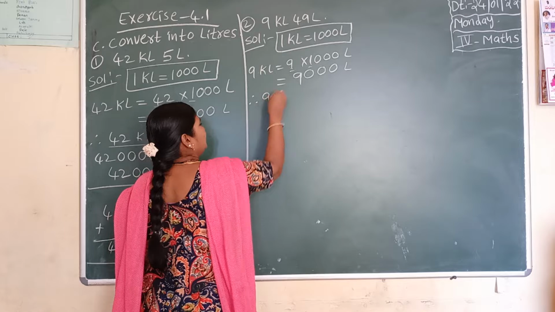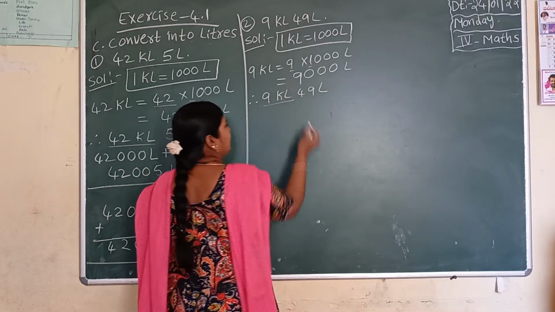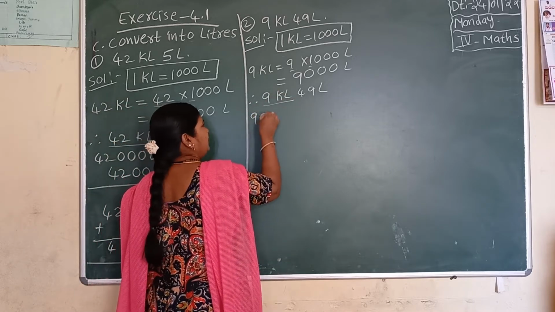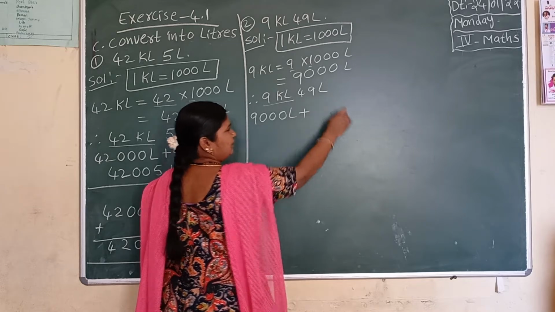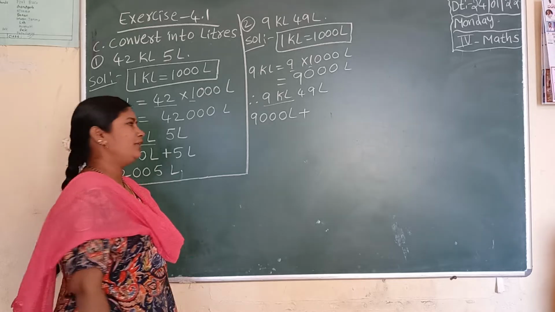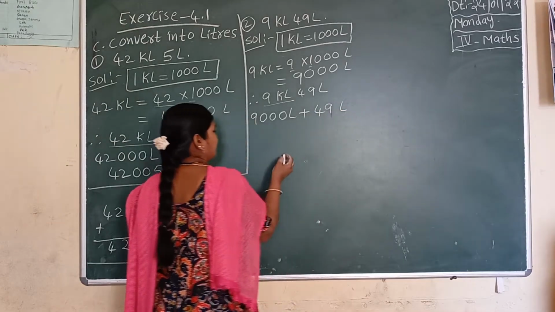Next one. Write down the total question. 9 kiloliters, 49 liters. In the kiloliters place, write down the liters answer. 1, 2, 3 liters. Here also we have the same units, liters. Liters, same means you have to add directly. 49 liters.